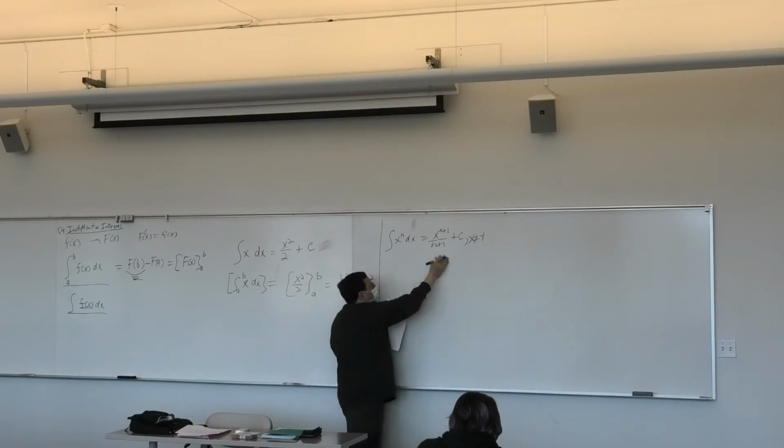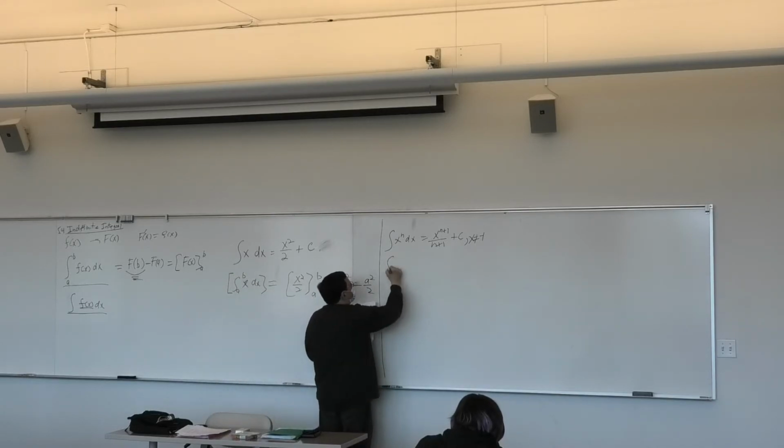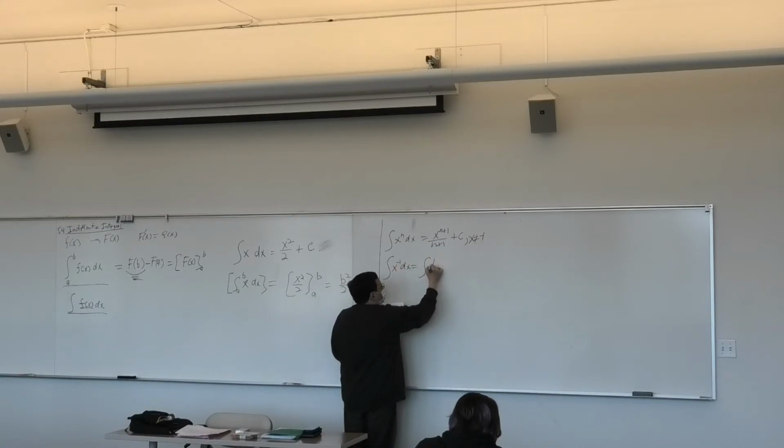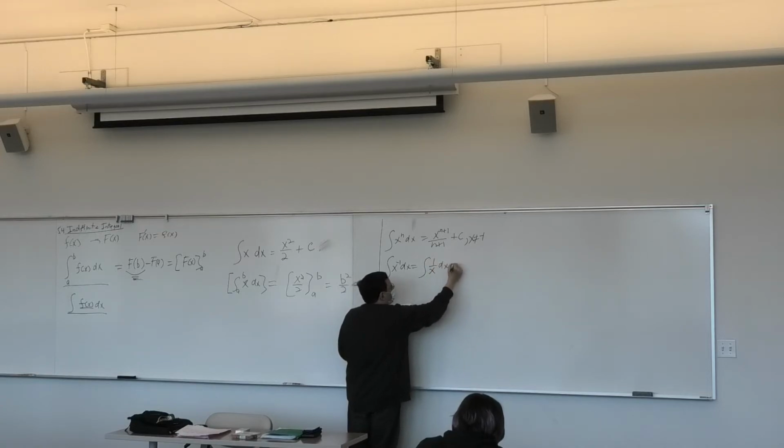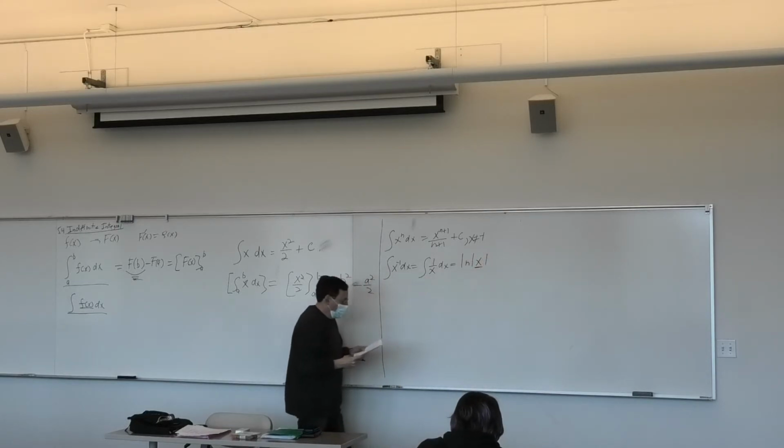That, of course, would give you division by 0. However, if you happen to have x to the minus 1, which is just 1 over x, we know that that's the natural log of x, or actually the natural log of the absolute value of x.